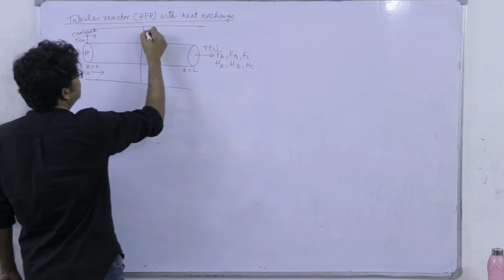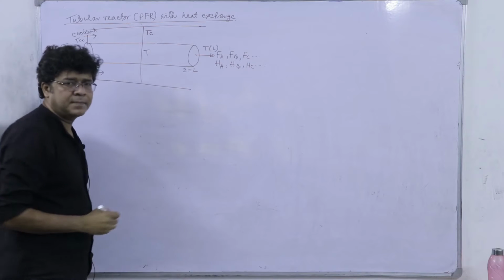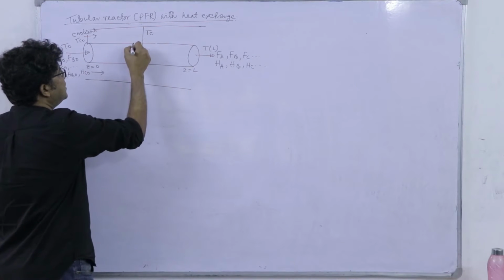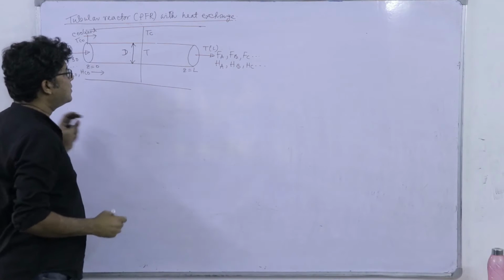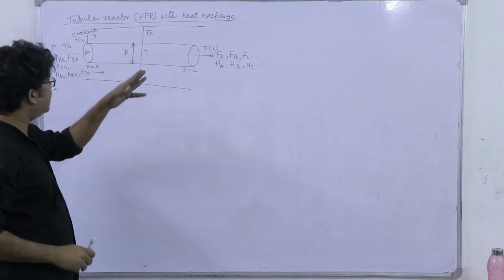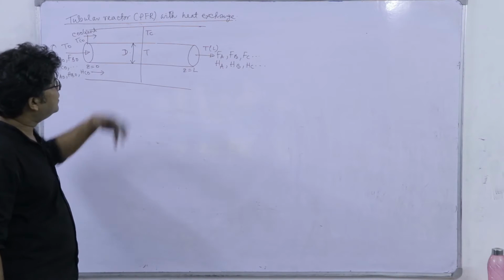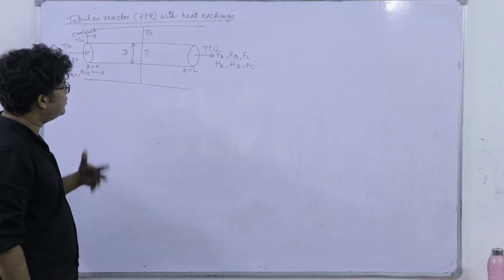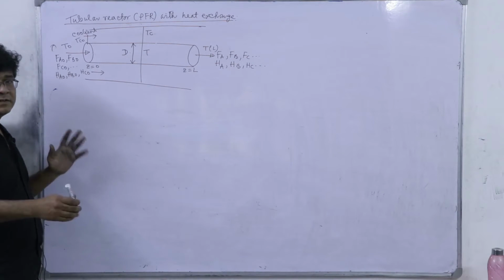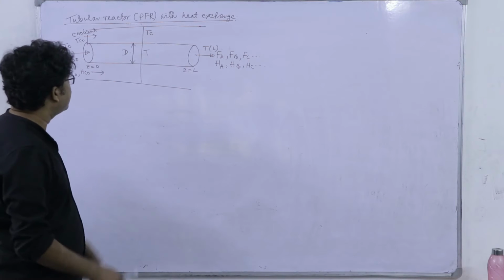At any section the coolant has a temperature Tc, here the reactor temperature is T and the diameter is D. So, temperature is going to progressively change along this z axis along with the change of conversion. So, we may think about the simulation problem: if the inlet condition is given and this is the length, what will be the outlet temperature and conversion.